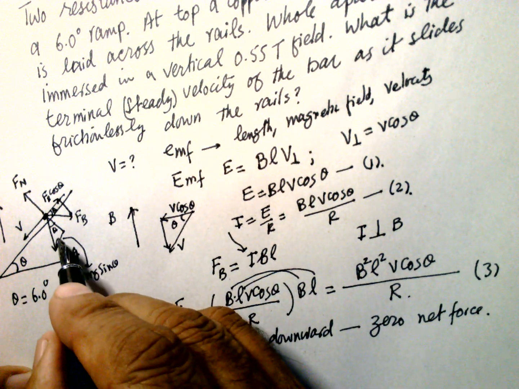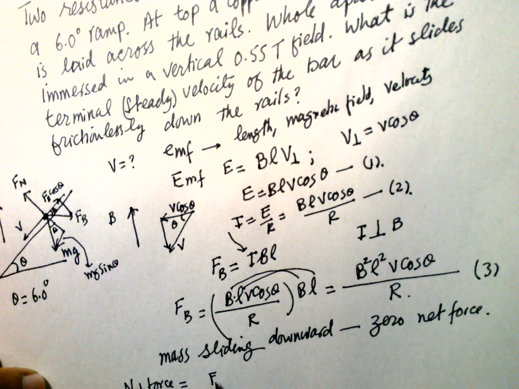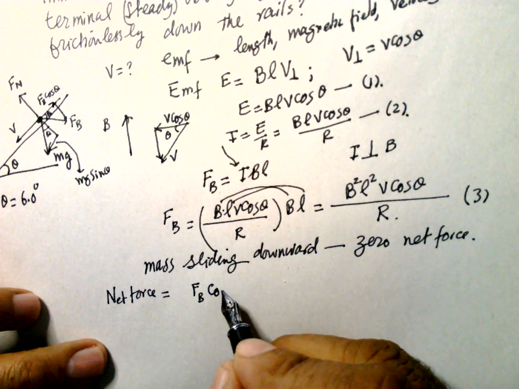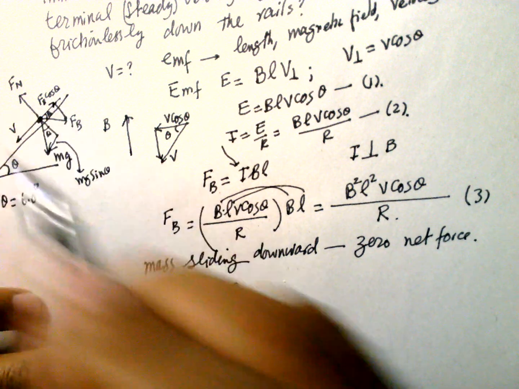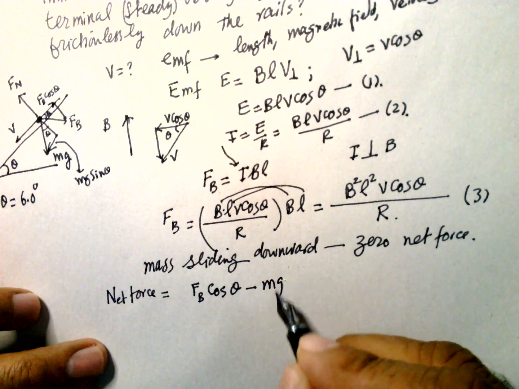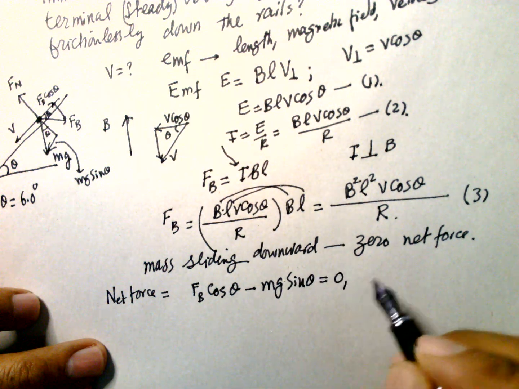So this is negative. This is FB. So the net force is equal to FB cos theta minus mg sine theta, and this is equal to 0.